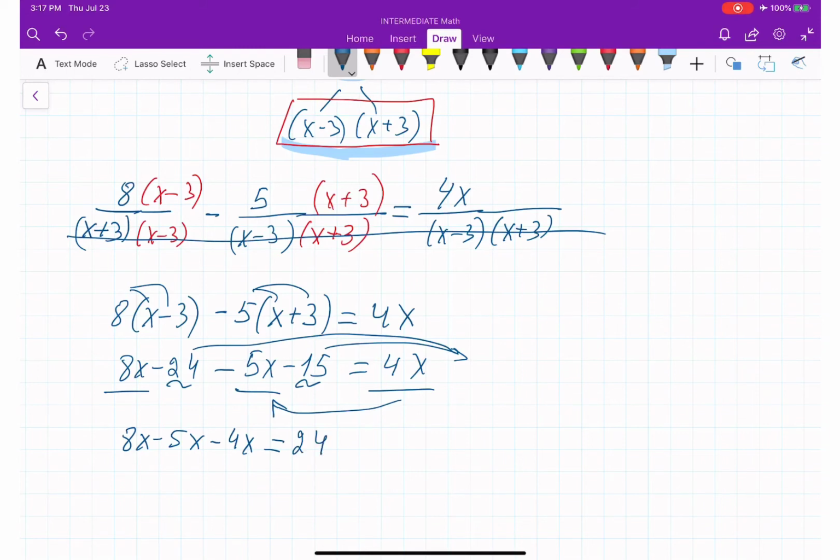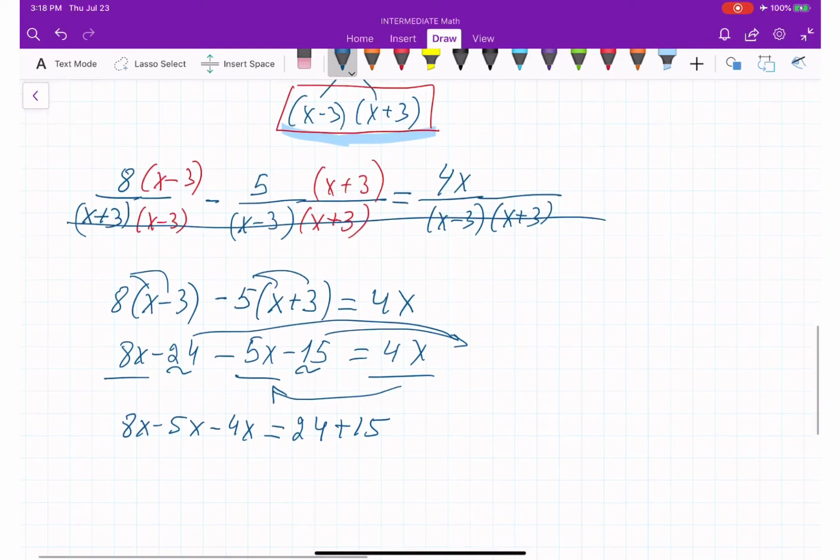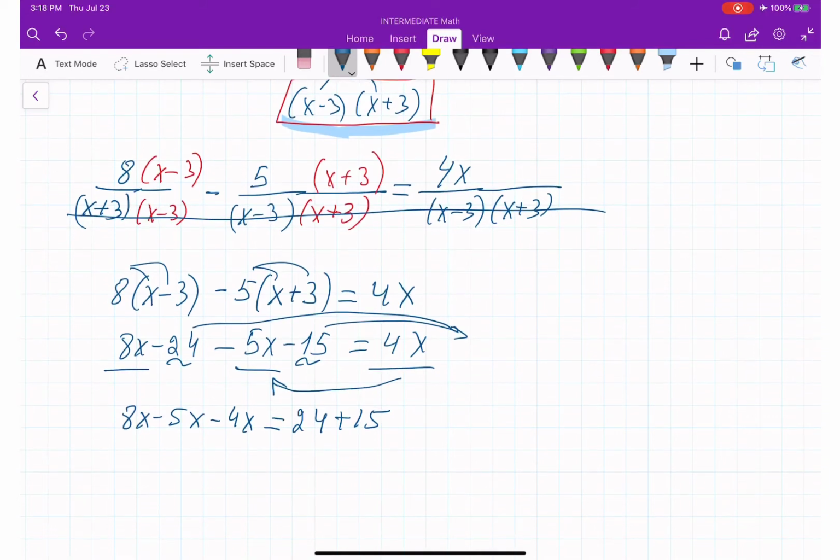Negative 15, I'm moving, will be positive 15. You could combine first negative 24 and negative 15, get negative 39, and then move over, get positive 39. So at this point, it doesn't matter, whichever way you like it, because math is also like an art. There are so many ways to approach and solve it, as long as you get the correct answer.